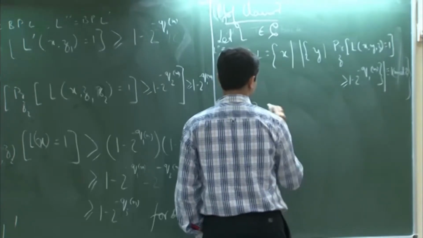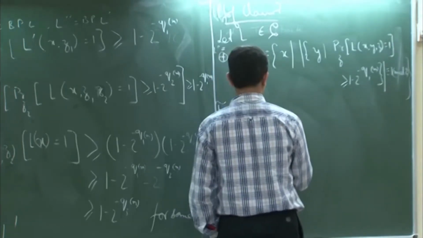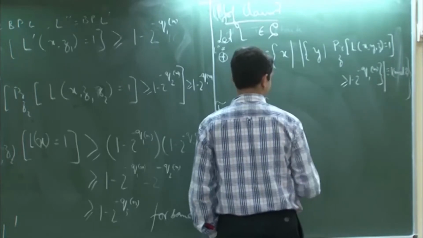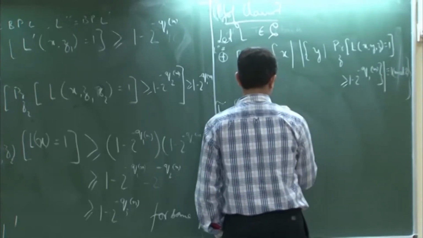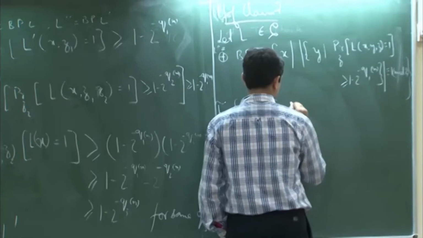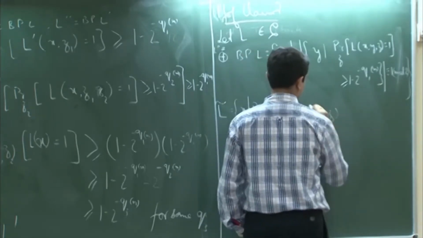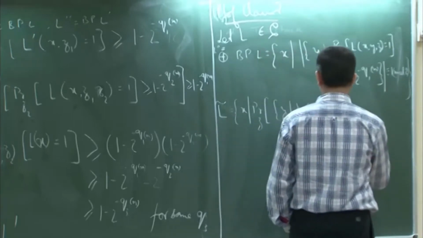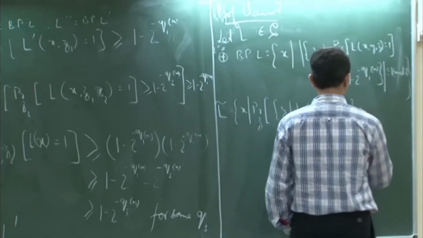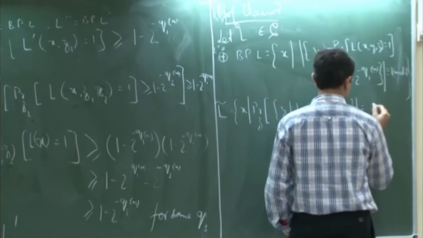the probability over z that the number of y's such that L x y z is equal to 1 is odd.